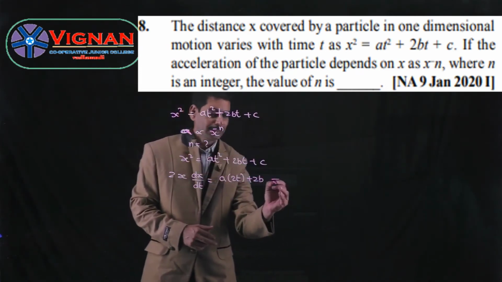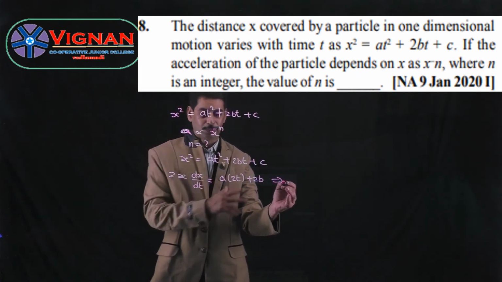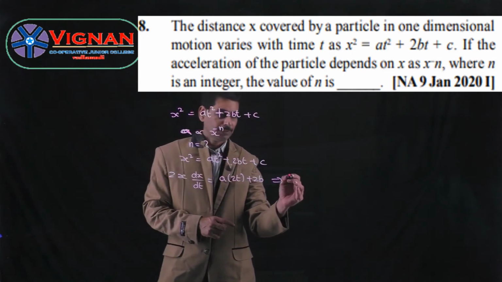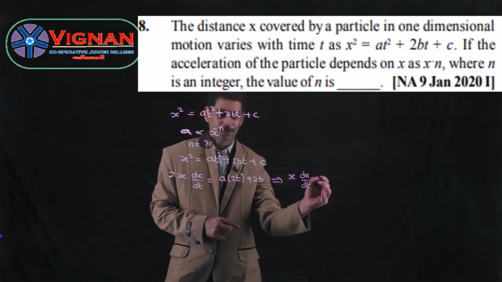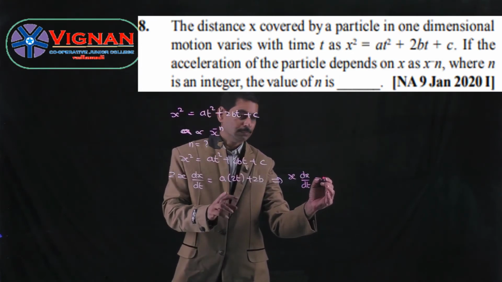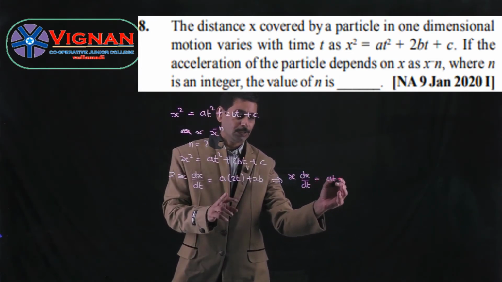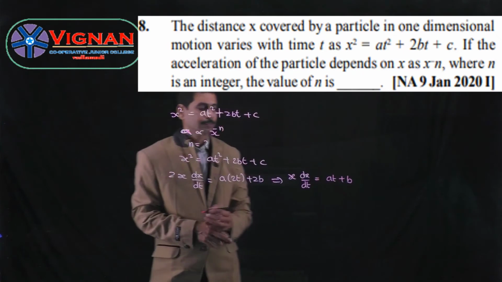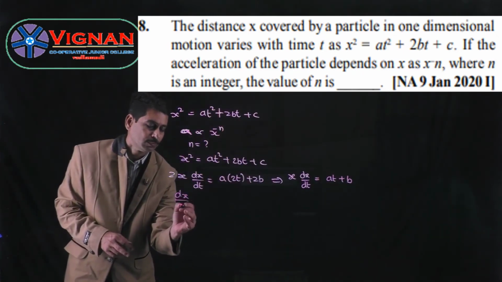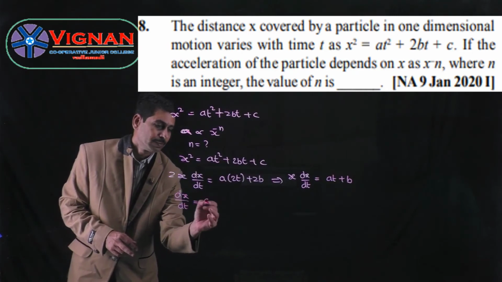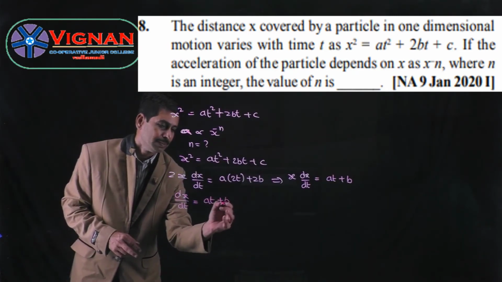From this, by cancelling 2 on all the sides, we get x into dx by dt is equal to a into t plus b. So dx by dt is equal to at plus b by x.